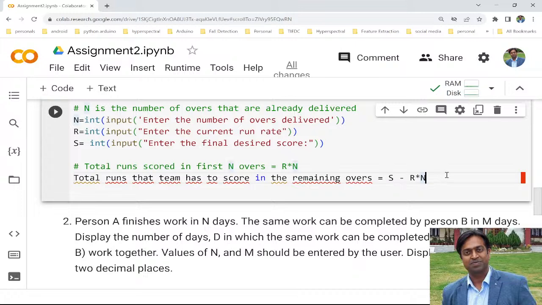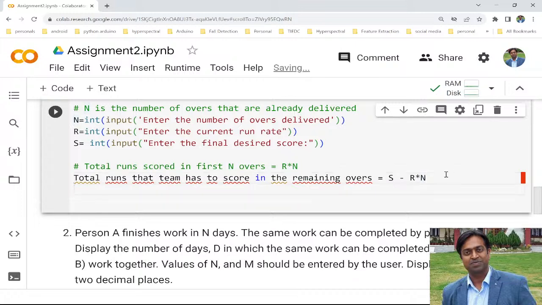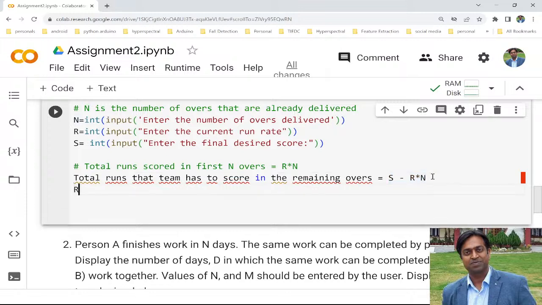Right? Now to score this many runs in the remaining overs, what should be the average, how many runs should the team score per over in the remaining overs? So the run rate in the remaining overs is equal to total runs to be scored is this, right?